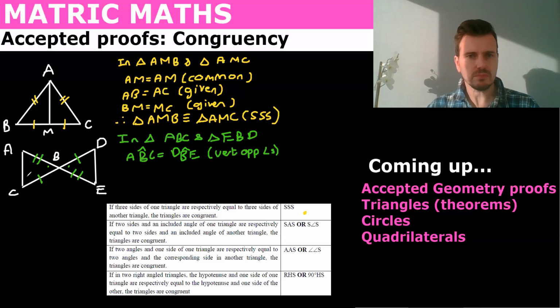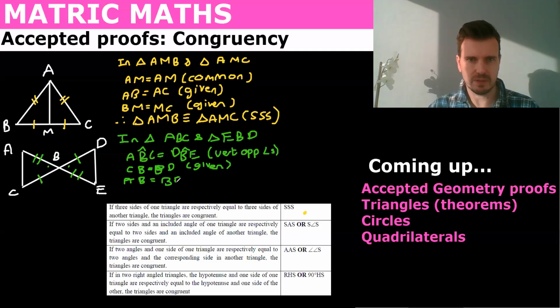Then the lines are equal, so you could say CB equals BD given, and AB equals BE given. And so therefore, triangle ABC is congruent to triangle EBD.